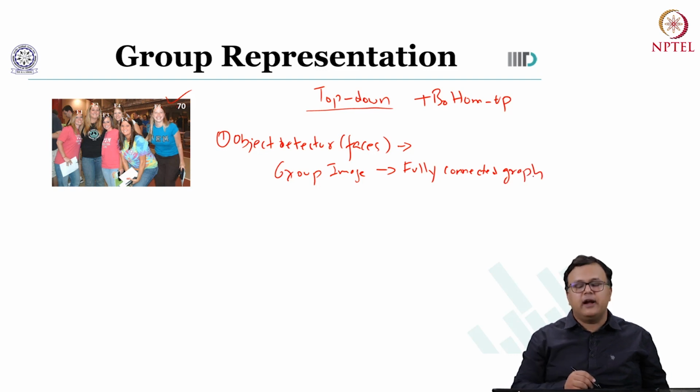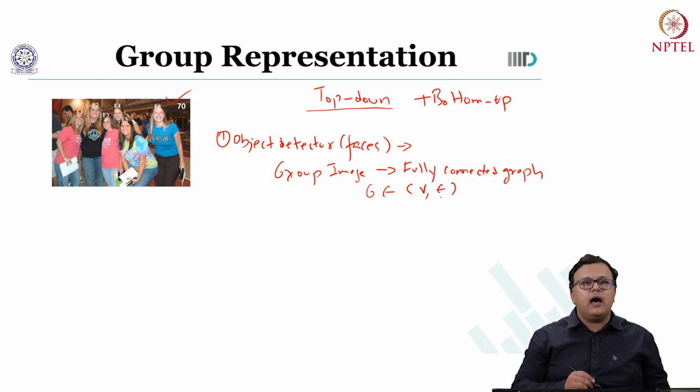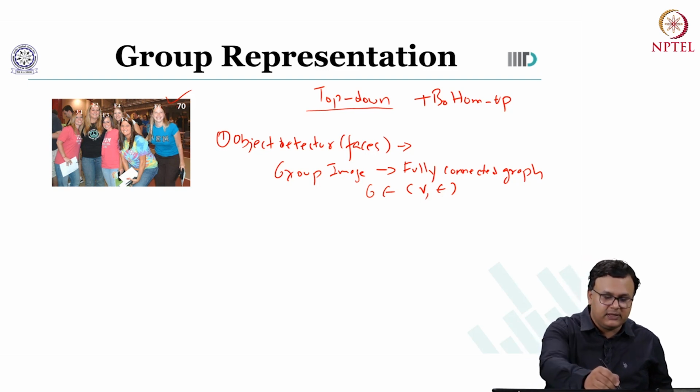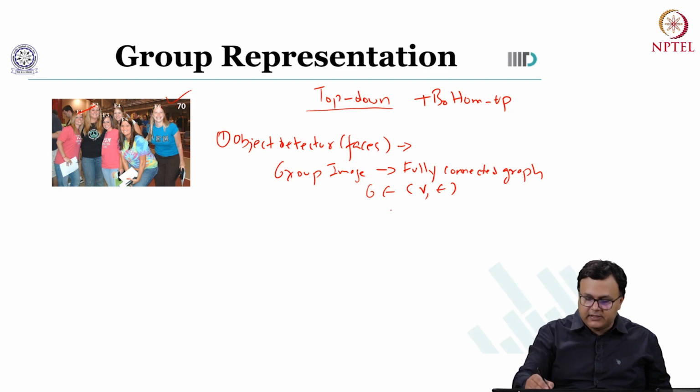In this fully connected graph, your vertices V are the faces and the edges are representing the link between two people. For example, in this image F1 and F2 are linked, so this is an edge. The weight of an edge is essentially, let us say, the distance between two faces.